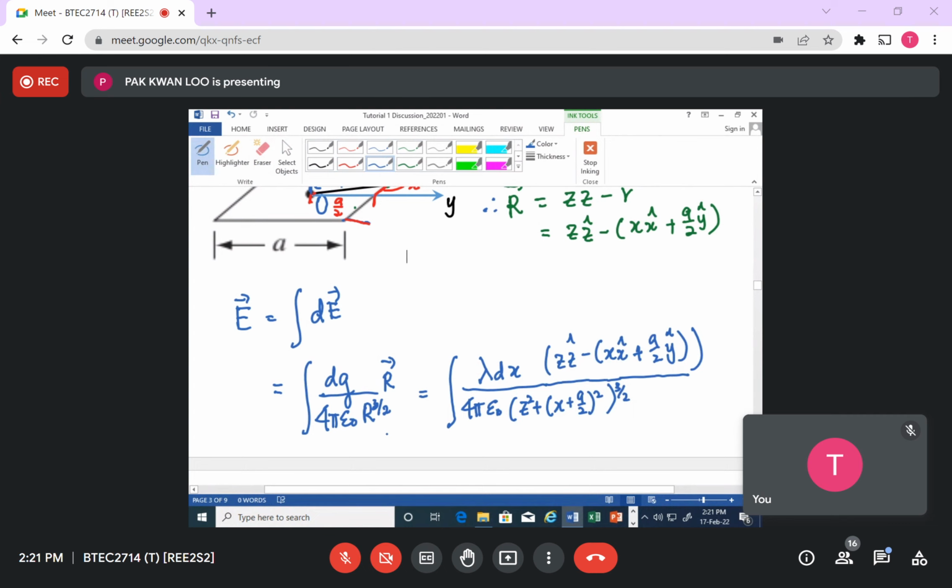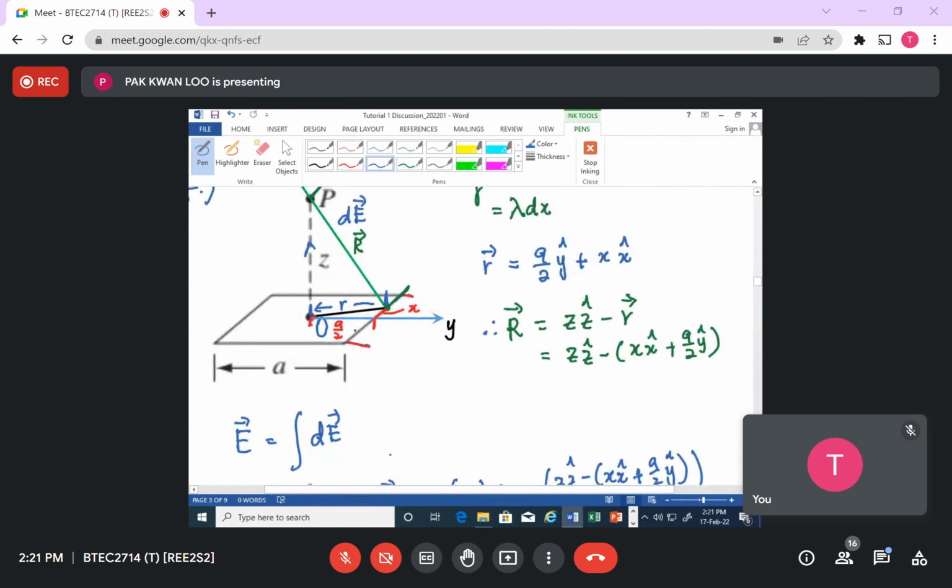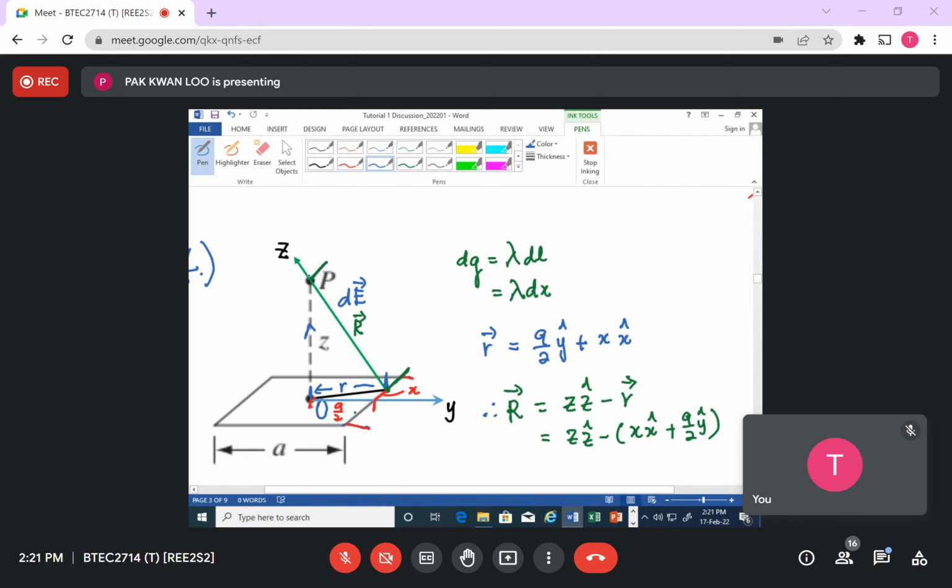I have also mentioned before that with reference to this point P here, if we observe carefully, the square loop provides some kind of symmetry.